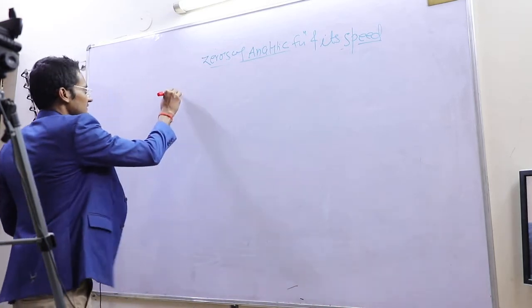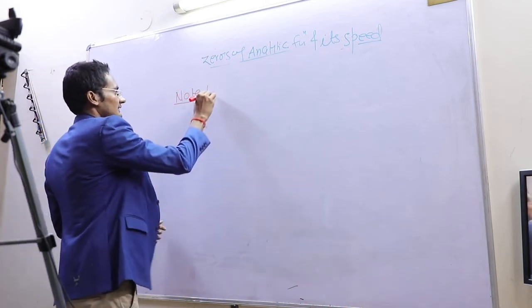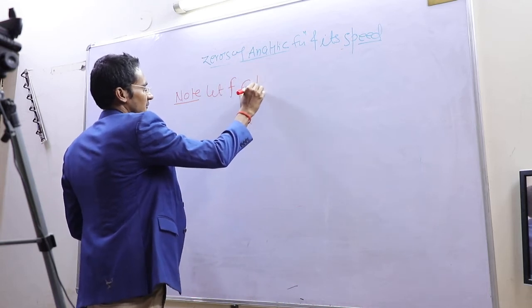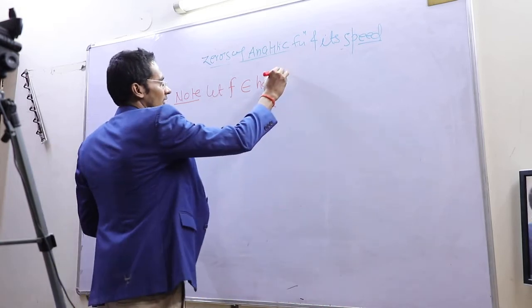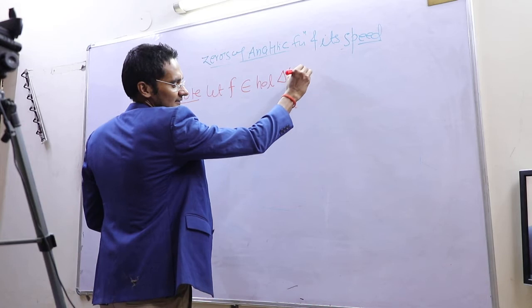So, some note. Let f be an analytic function, we say it is holomorphic, both are the same term, on a disk at point z naught with radius delta.